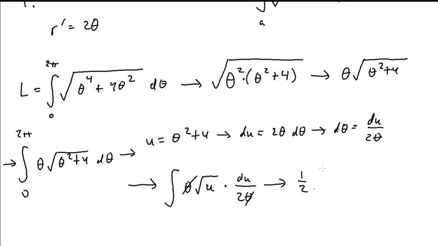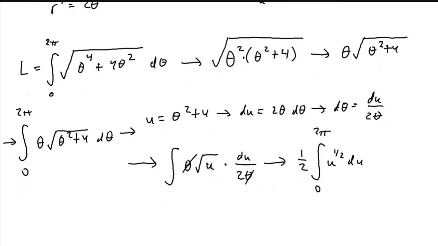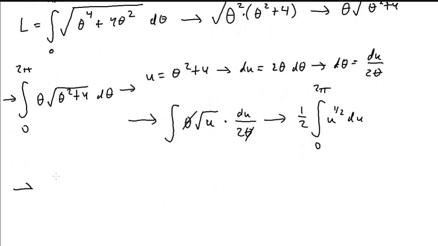So we'll get 1/2 times the integral from 0 to 2 pi of the square root of u du, or I can rewrite it as u to the 1/2 du. Because now I can use the power rule. When I use the power rule on the integral of u to the 1/2, I'll get u to the 3/2 divided by 3/2, or multiplied by 2/3.